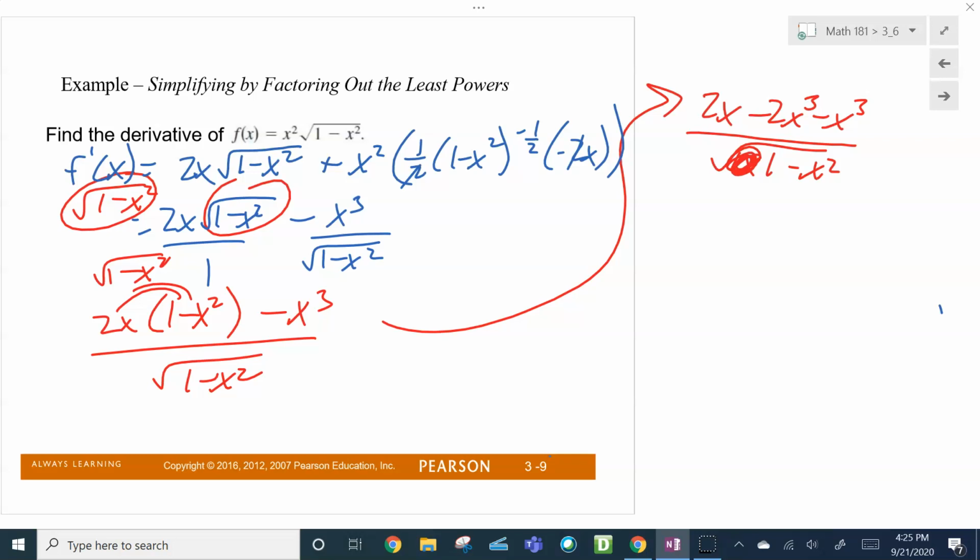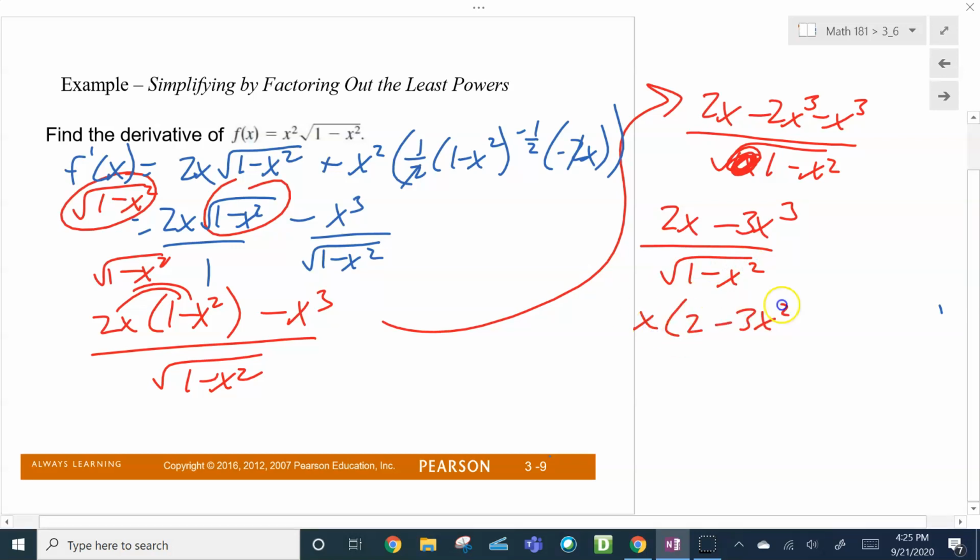So we got 2x minus 3x cubed over the square root of 1 minus x squared. Take an x out. And there we are.